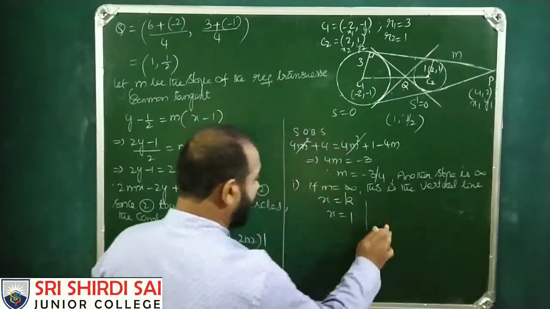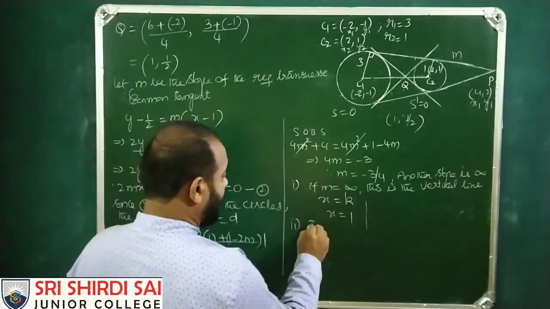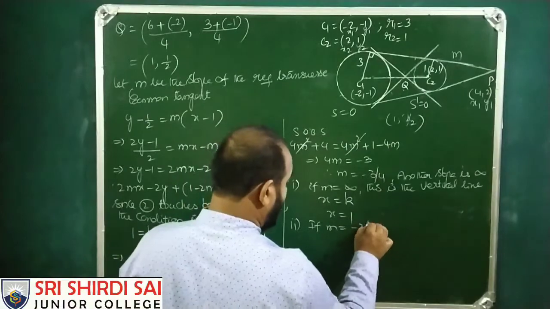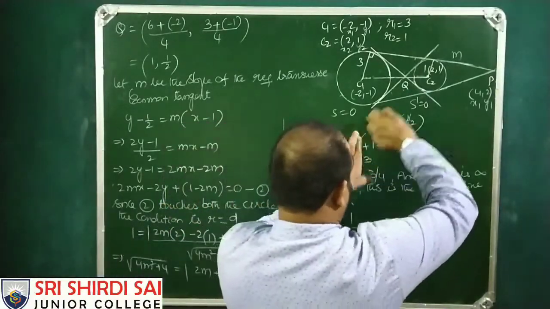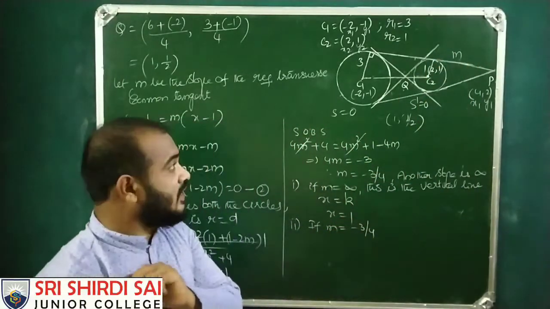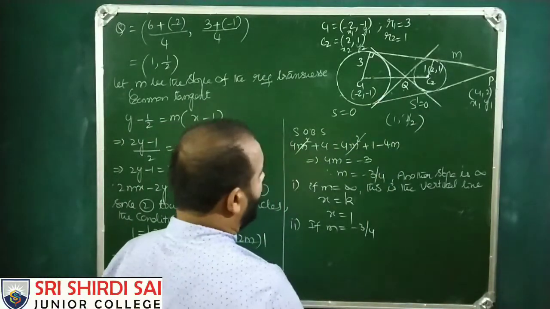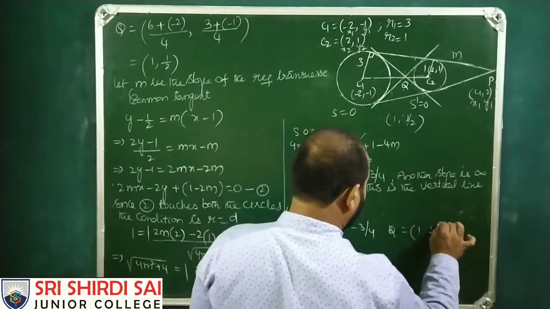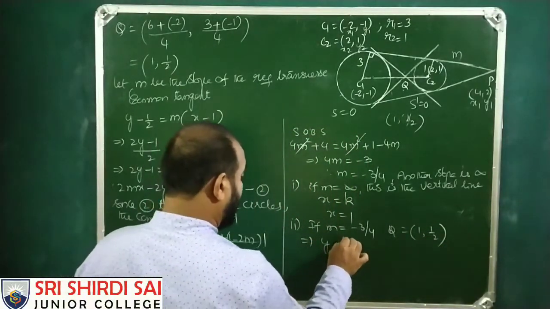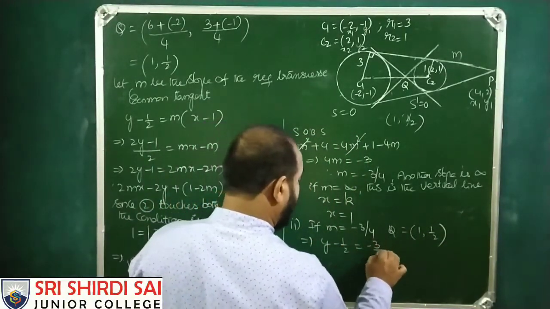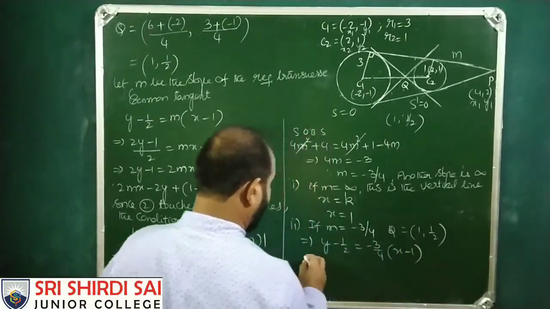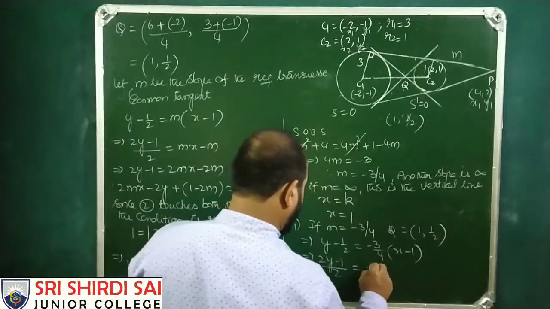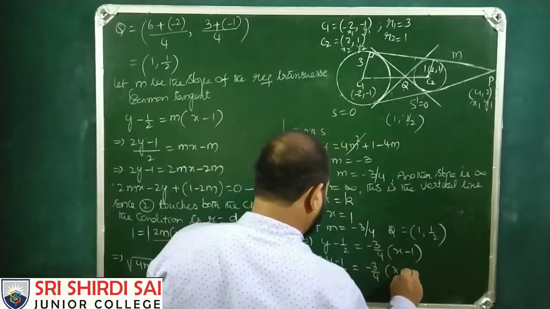Next, the second one: if m is equal to minus 3 by 4, and this is the slope of the transverse common tangent, and it is passing through Q. So what is Q? Q is equal to 1 comma 1 by 2. So y minus 1 by 2 equals minus 3 by 4 into x minus 1.